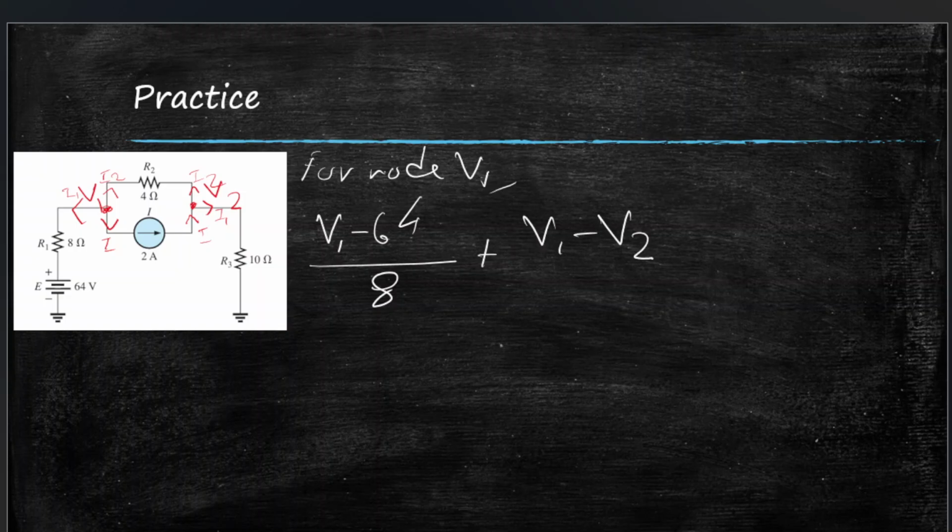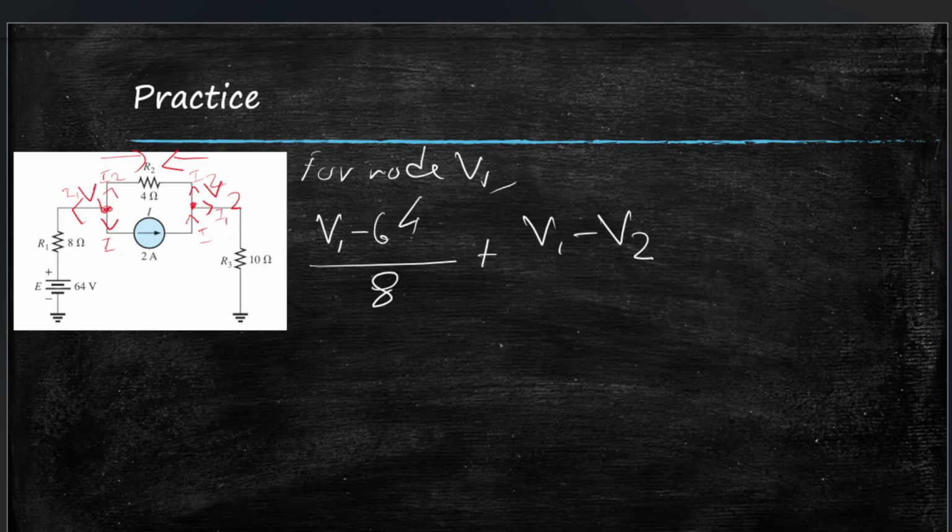And now notice this important thing. I2 from v1 is going this way, and I2 from v2 is going this way. So they're clashing here, and so we'll take the resultant. When we are analyzing node v1, it will be v1 minus v2, and when we'll be analyzing node v2, it will be v2 minus v1.